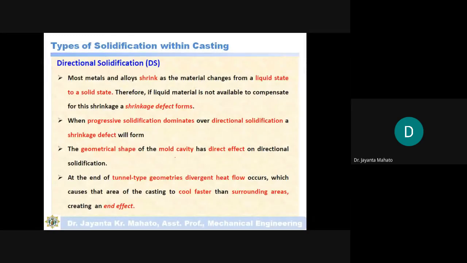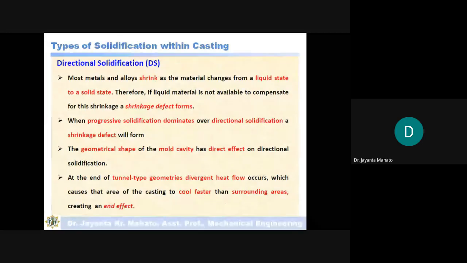And progressive solidification dominates over directional solidification. At the end of tunnel type geometries, divergent heat flow occurs, which causes that area of the casting to cool faster than the surrounding areas, creating an end effect.